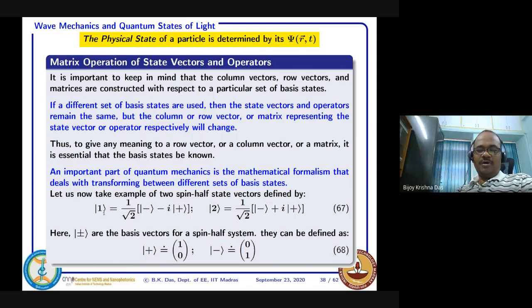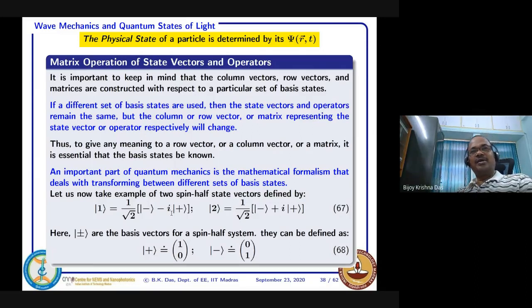I want to express a certain spin half state. We represent it here as 1 with this expression: 1 over root 2, and this is minus, and we are putting i here. We'll come to know why all these i's come, and that will be clearer.